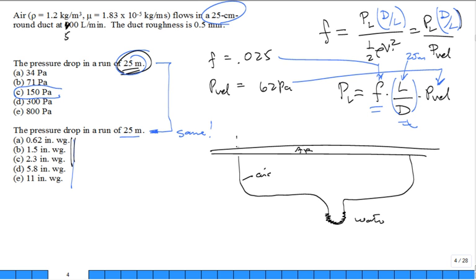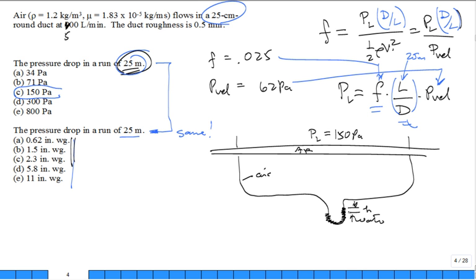And I measured the pressure loss between one point and the other point to be 150 Pascal. Well, what should the manometer do if the water is sitting in the bottom of the manometer? Shouldn't it shift a little bit? And if it shifts, is it going to shift this way or is it going to shift that way? The first way, right? And so there's going to be a little difference. It'll be a little higher. And so there's a little H right there. What's that?